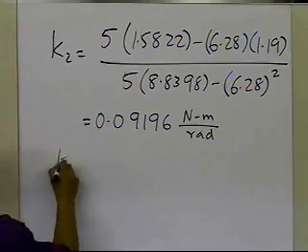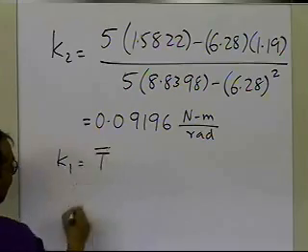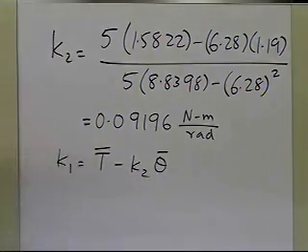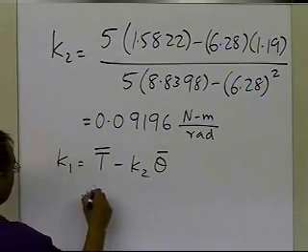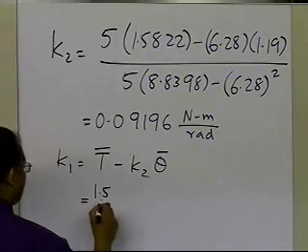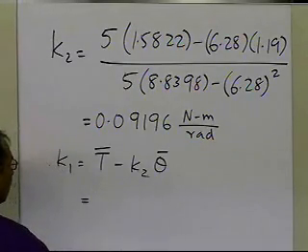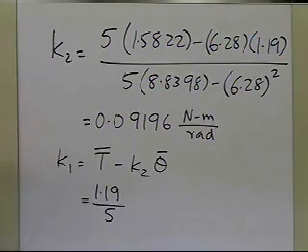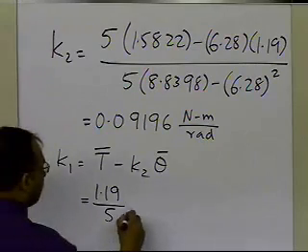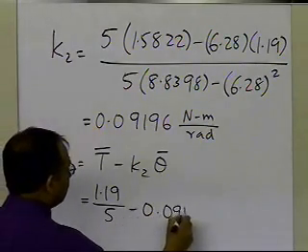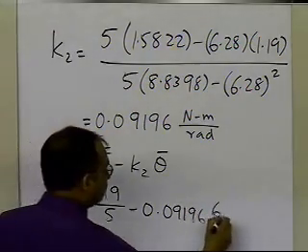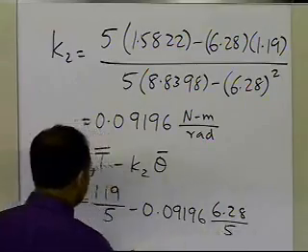Now K1, I'm going to find by using the fact that it is the average value of torque minus K2 times the average value of the theta values. That's the formula for K1. So the average value of the torque values is 1.19, which is the addition of all the torque values, divided by 5 because I have 5 points given to me, minus K2, which is 0.09196, times theta bar, which is the addition of all the theta values divided by 5.